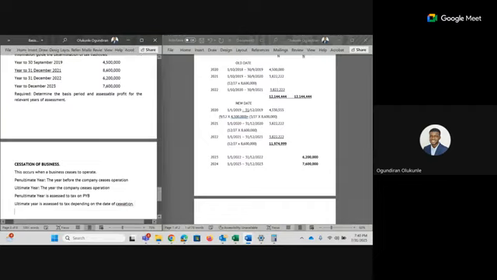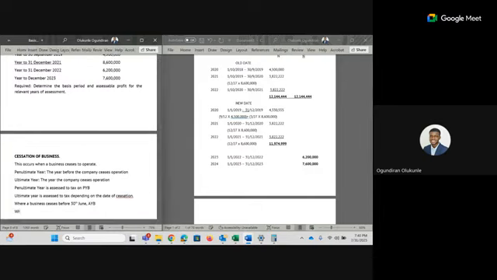So let's put context to it. Where a business ceases before 30th June, the company will be assessed to tax on actual year basis. That's for the ultimate year. Where a business ceases after 30th June, the company will be assessed to tax on preceding year basis.